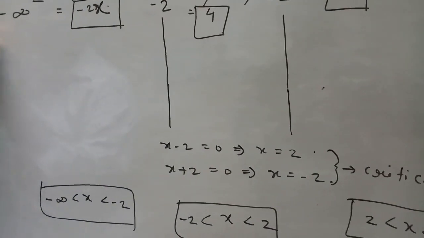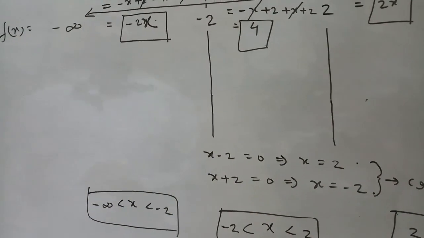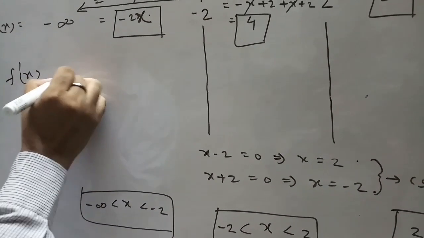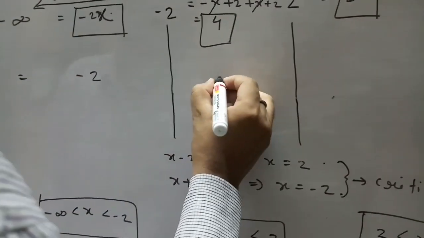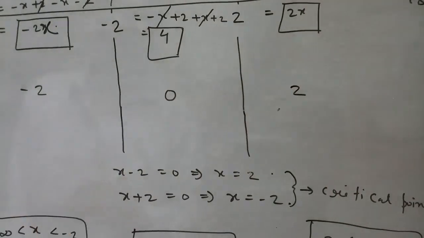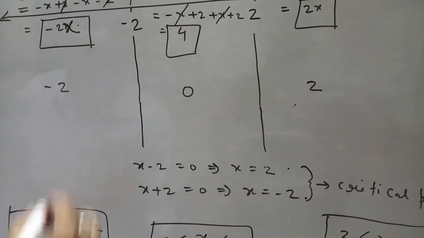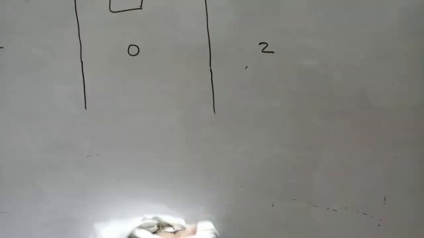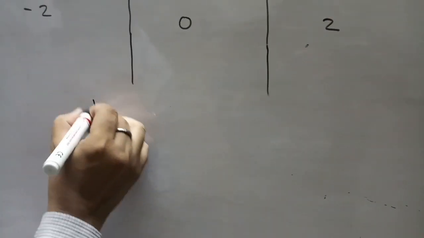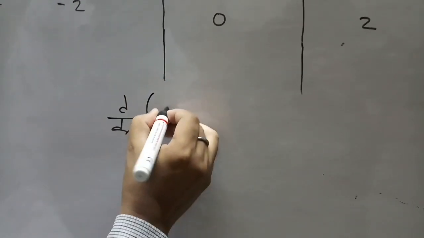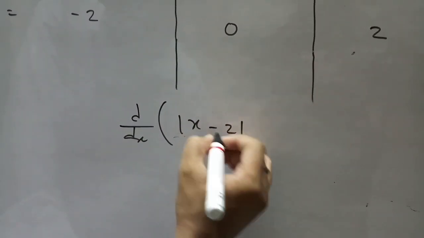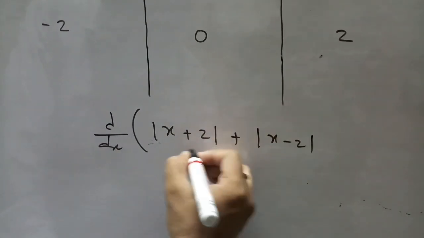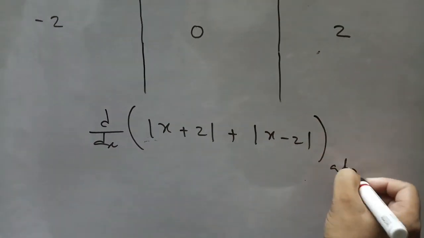This is the value of f(x), the given function, and now the derivative f dash x will be minus 2, then 0, then 2. Therefore the question was the derivative of mod of x minus 2 plus mod of x plus 2 at x equal to a point.